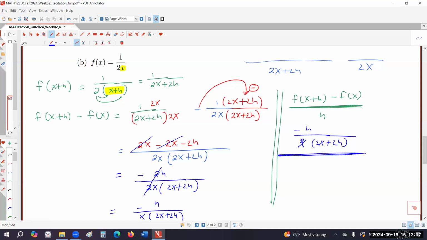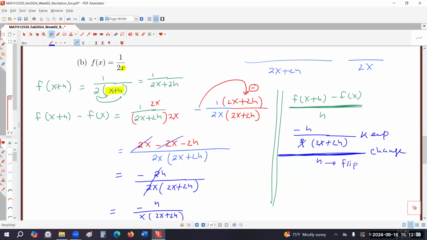We are dividing this by h. But now we are dividing a fraction by something. So you're going to keep this fraction, change that division sign into multiplication, and you're going to flip the h.